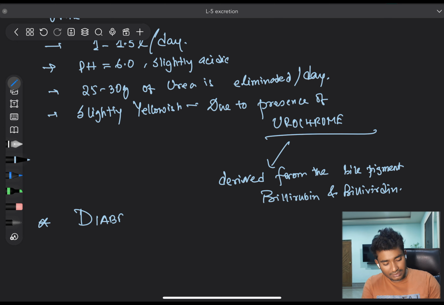The next one is diabetes mellitus. Okay.